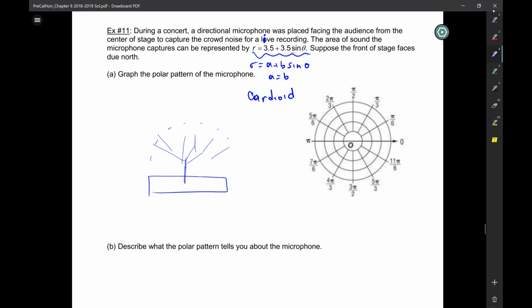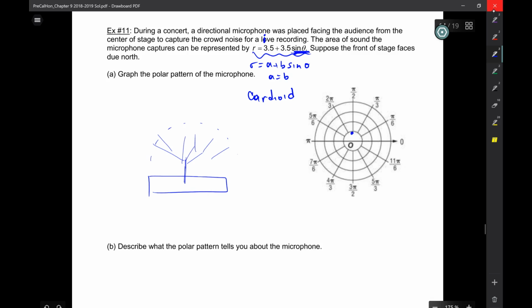At pi over 2. So at pi over 2, sine of pi over 2 is going to be 1, right? So it's going to be, I'm sorry, it's going to be 3.5 plus 3.5 sine theta, so it's going to go over not 3.5 but 7.